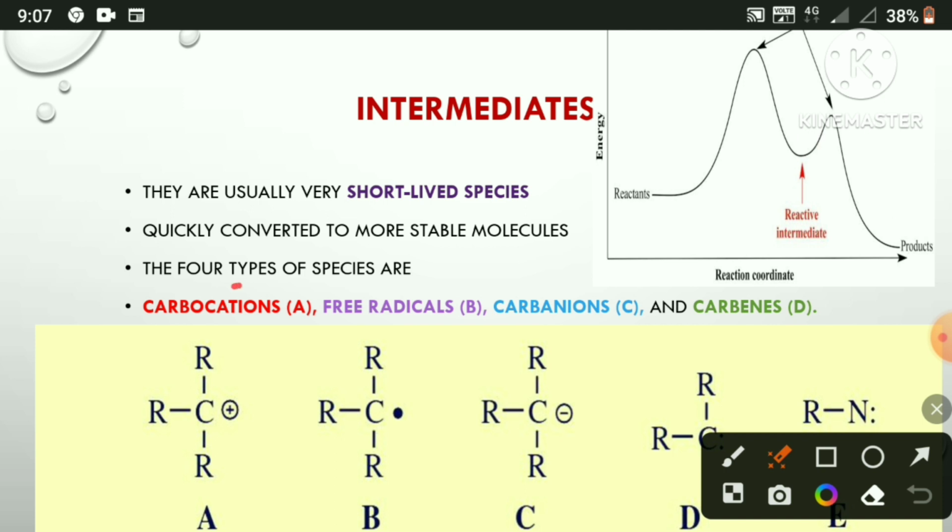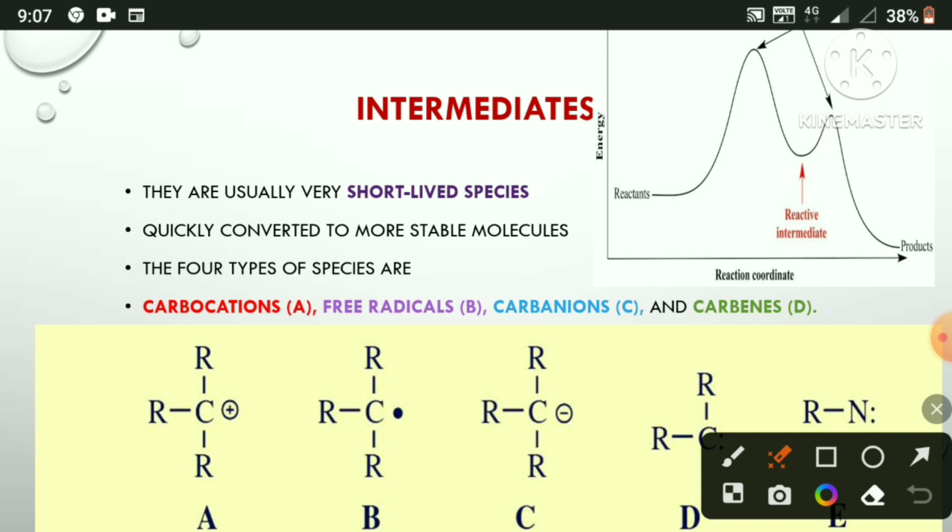There are 4 types of intermediates possible. The first one is carbocation, that is a positive charged carbon. That is a trivalent positive charged carbon, and that is called a carbocation. The second one is free radical. Free radicals are neutral pieces with an odd number of electrons.